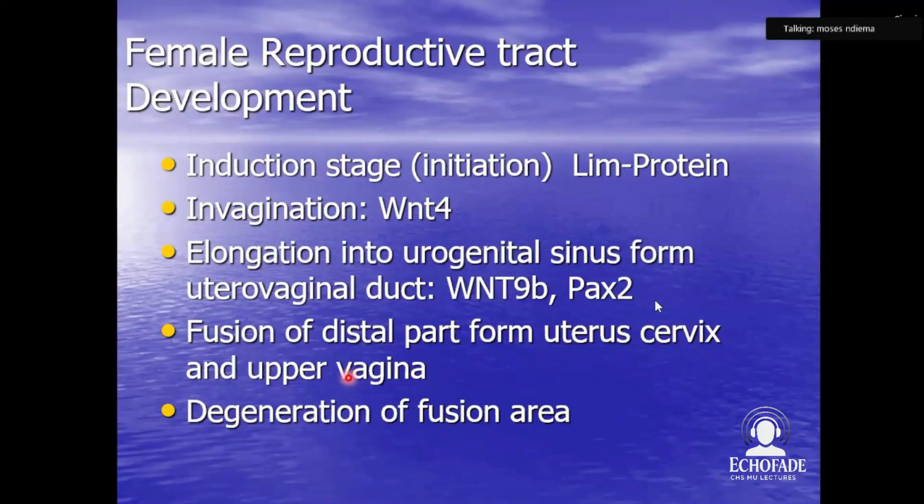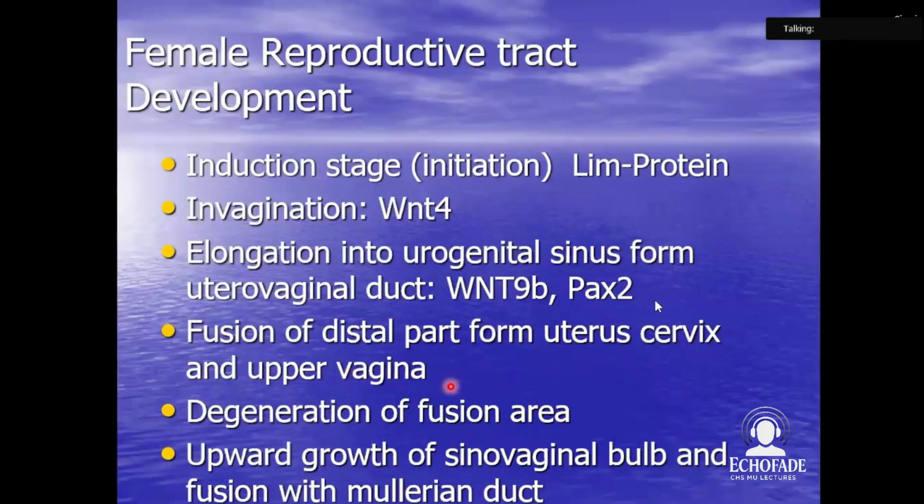That part of the sinovaginal bulb forms the lower third of the vagina. So this is how the female tract develops.